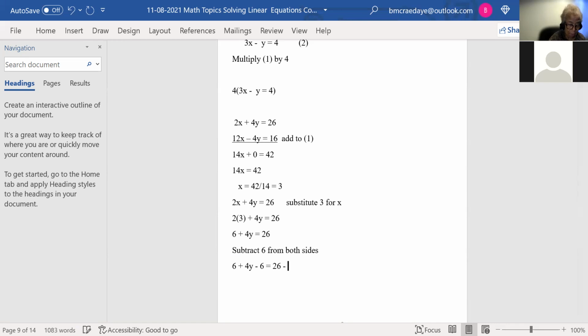So on the left side, you'll just have 4y equals 20. And only one number multiplied by 4 gives you 20. And that number is what? 5. That's it. So y is 5. We know that because there's only one number that multiplied by 4 gives you 20. And that number is 5.